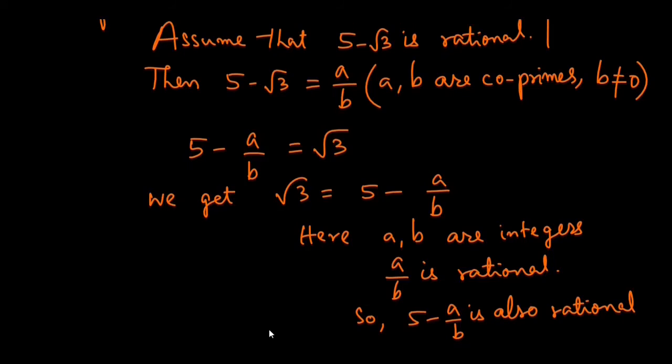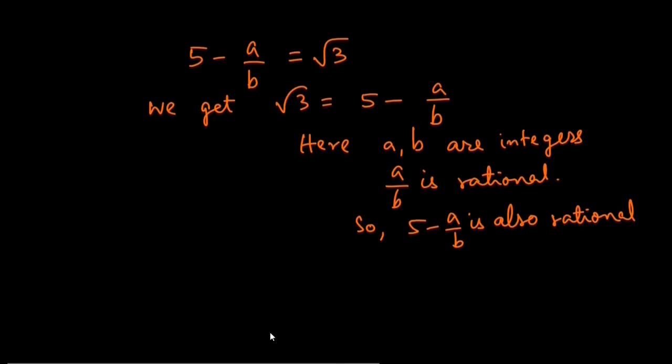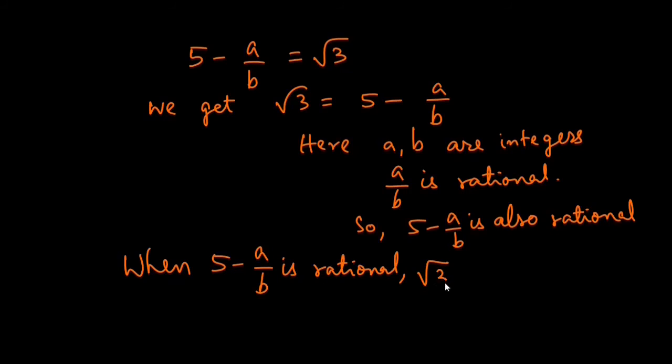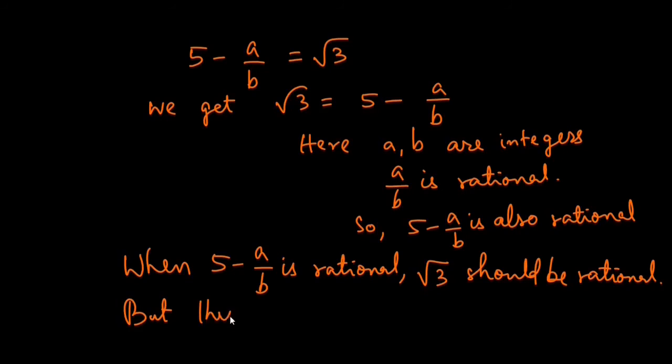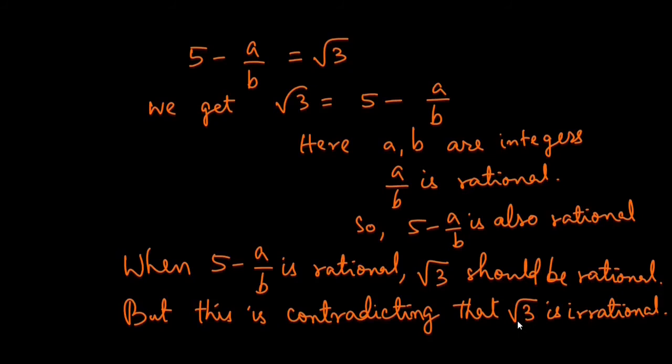On the right hand side we have got a rational number. When 5 minus a by b is rational, root 3 should be rational, but this is contradicting that root 3 is irrational. We have already proved that root 3 is irrational. Here it is contradicting that root 3 is irrational.